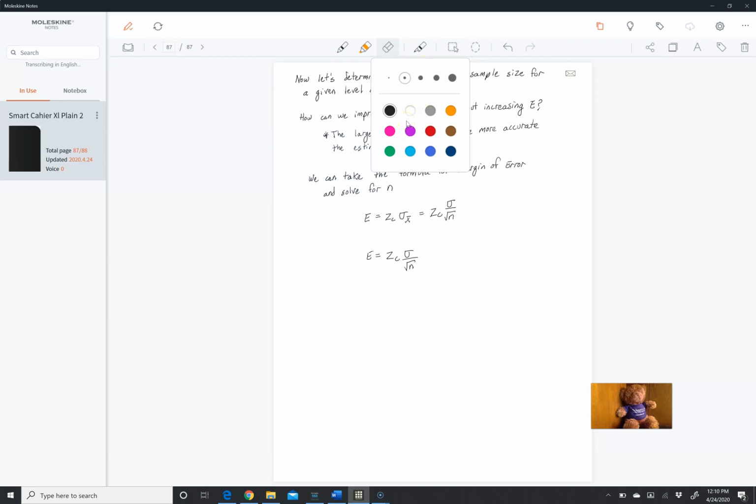So what we're going to do is multiply both sides by the square root of n to get rid of it on this side so that we don't have a denominator. The square root of n is going to cancel here, and we're going to have the square root of n here. What we wind up with is e times the square root of n is equal to z sub c times sigma.